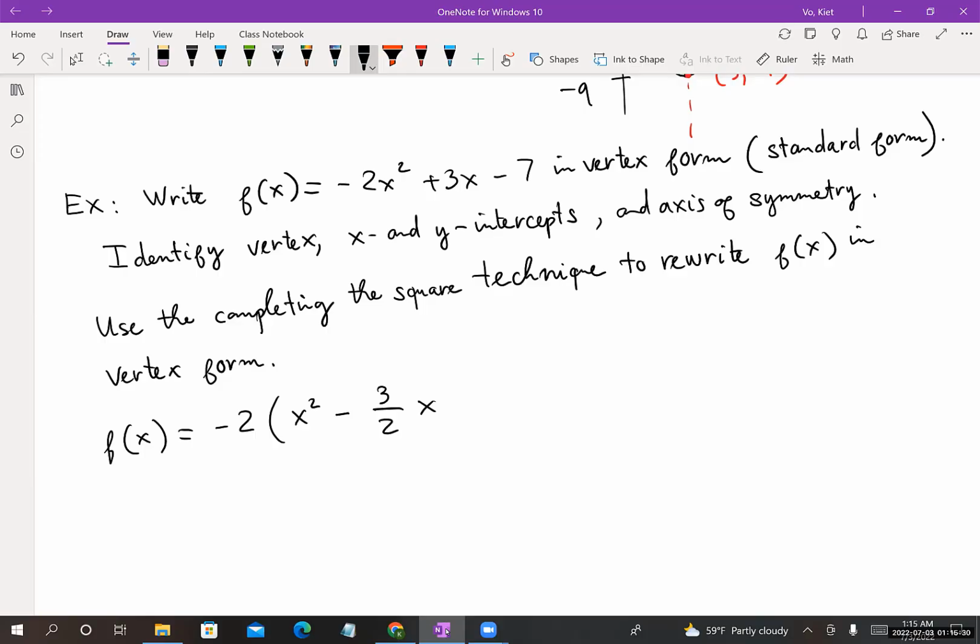So the +3, when you divide by -2, gives you -3/2. So that's why it turned into -3/2 x. Actually, I think we should just leave the 7 outside, okay?